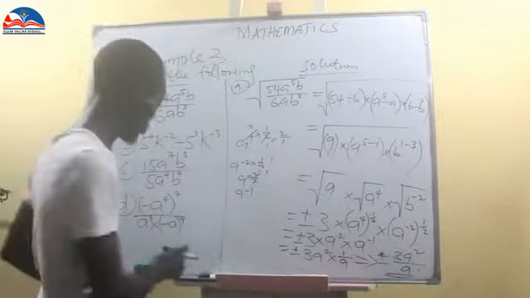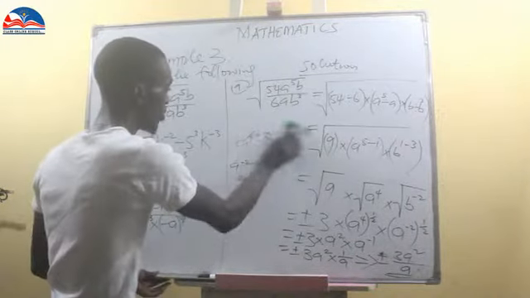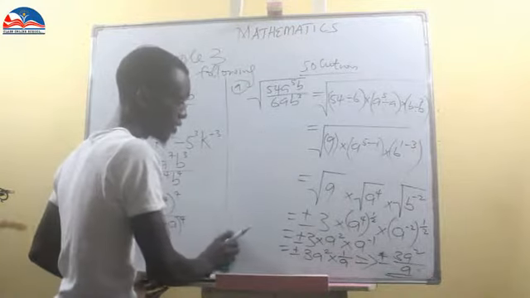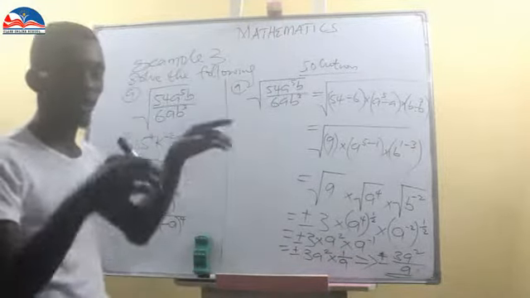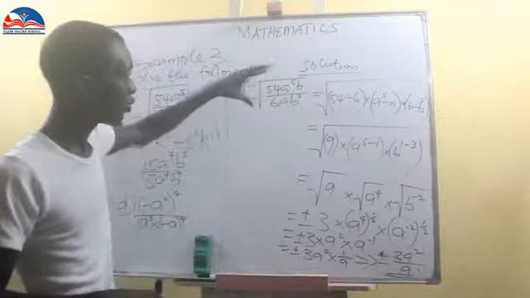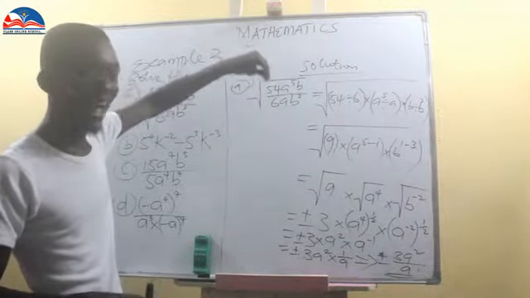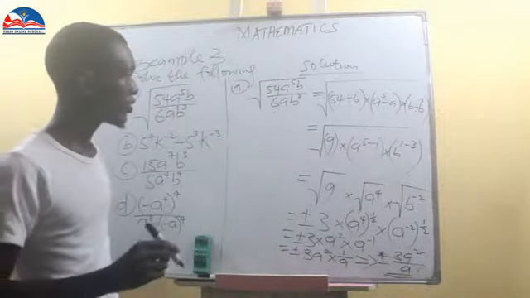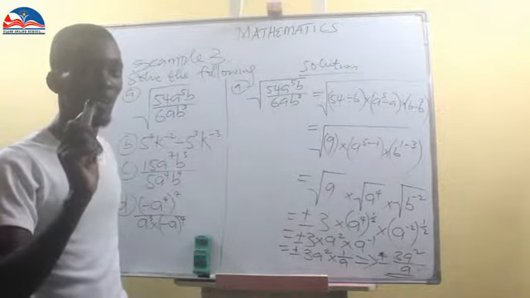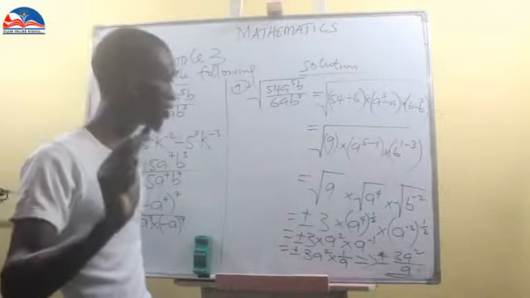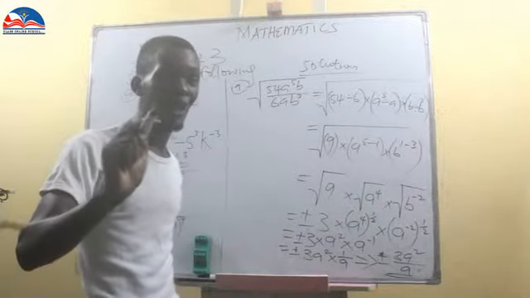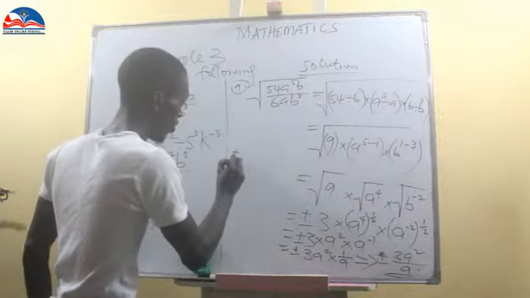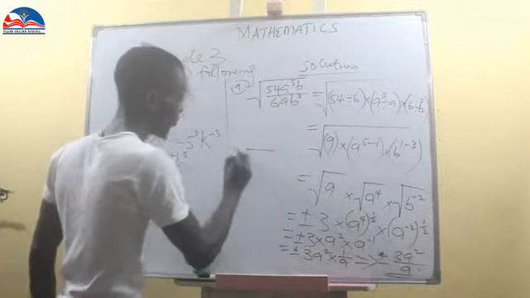Now, what you have to note very well is when you have an expression enclosed in a bracket in fractional form, enclosed in a square, the answer will be plus or minus. Just like the answer we usually get from the quadratic formula, the almighty formula, plus or minus the square root of.